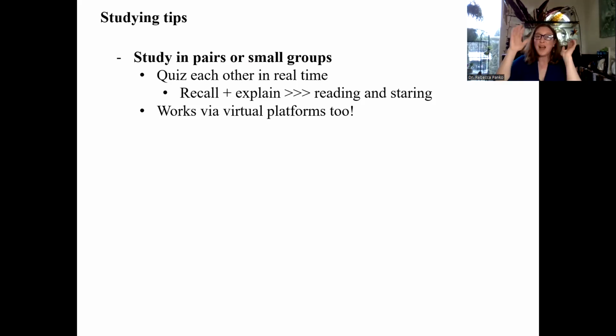So I get that it can be really difficult to find time to work with your colleagues. Last semester we were fully virtual, so it was really hard for students to meet one another. Now you're in lab together, so you can reach out to somebody who sits next to you in lab and say, hey, can I give you my email address? Maybe we can try to study together at some point?